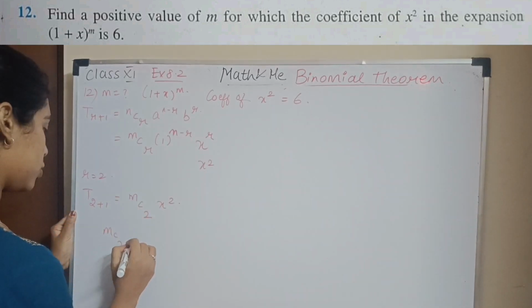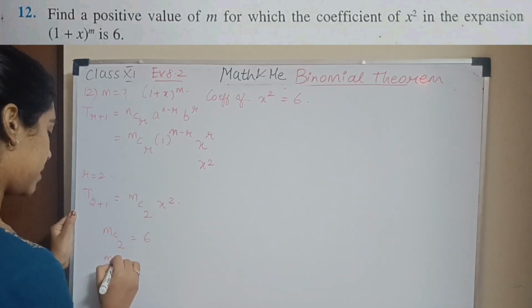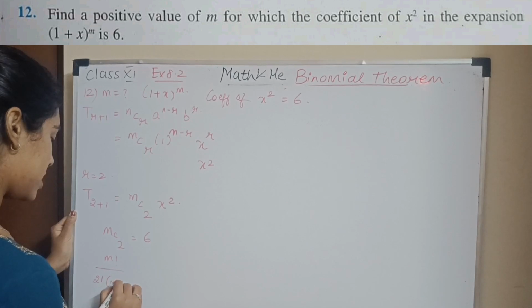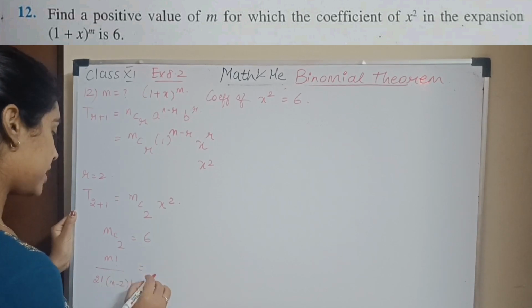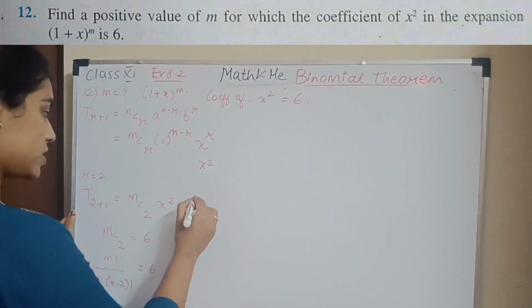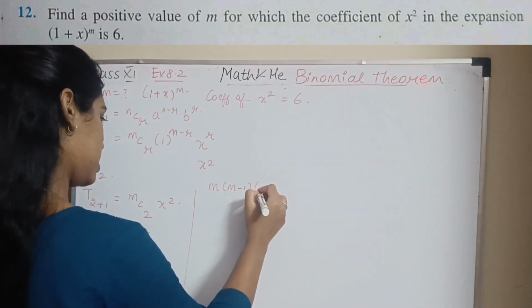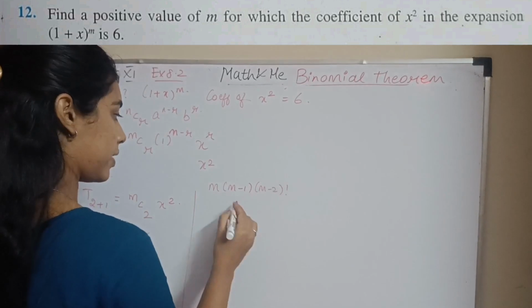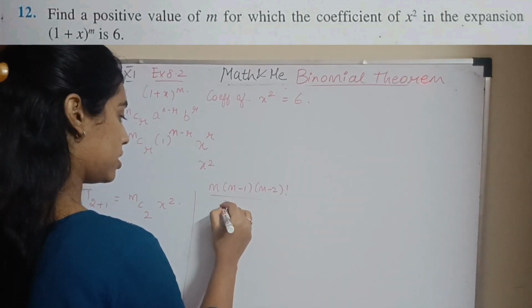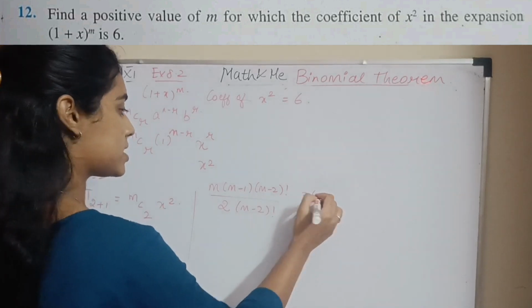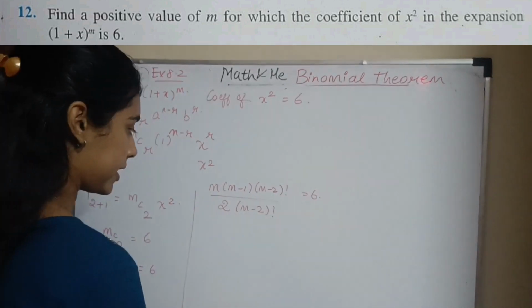So mC2 is 6. m factorial divided by 2 factorial times m minus 2 factorial equals 6. So what do I have in the numerator? m into m minus 1 into m minus 2 the whole factorial divided by 2 times m minus 2 the whole factorial equals 6.